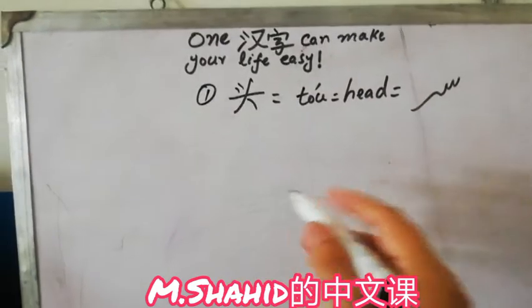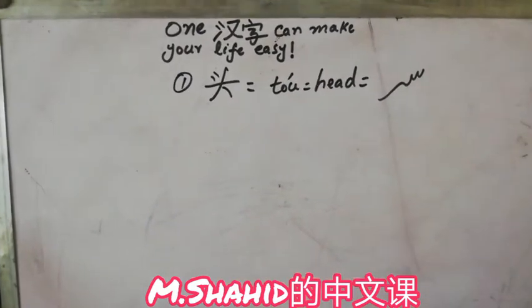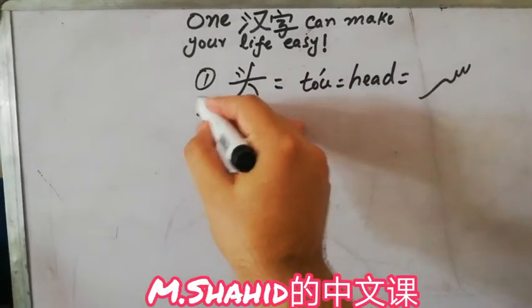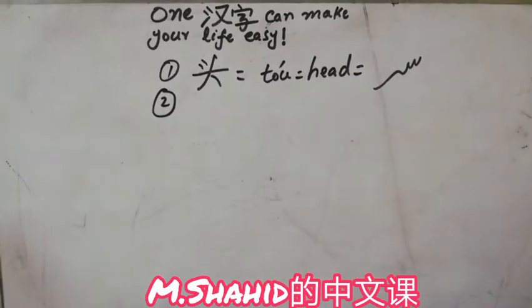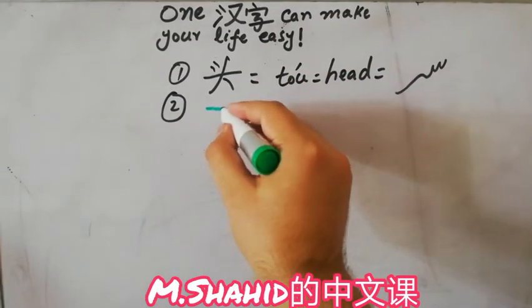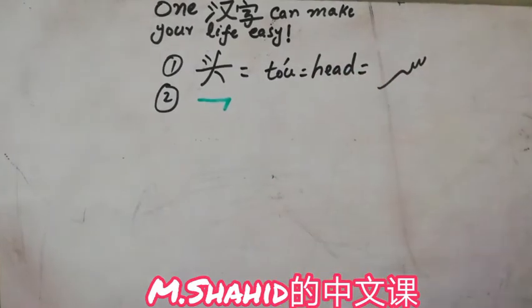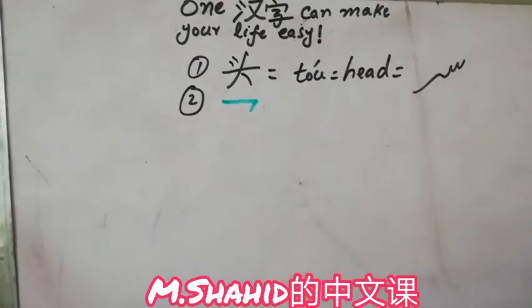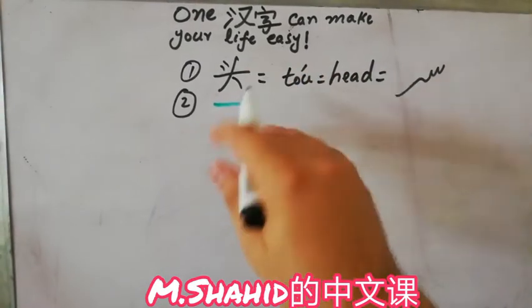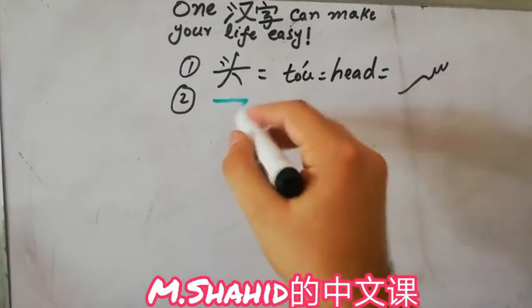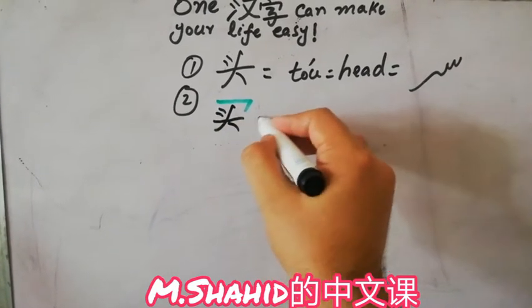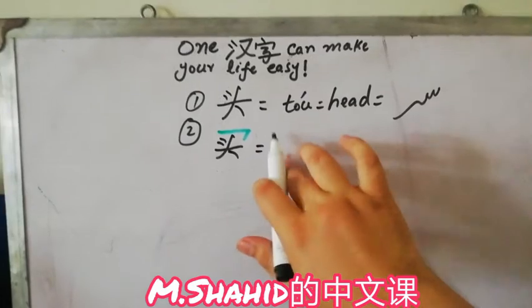Now I'm going to add a stroke to this, and you will see how the meaning changes. See, I'm adding this. This is a heng zhe stroke, and the character for head remains the same.